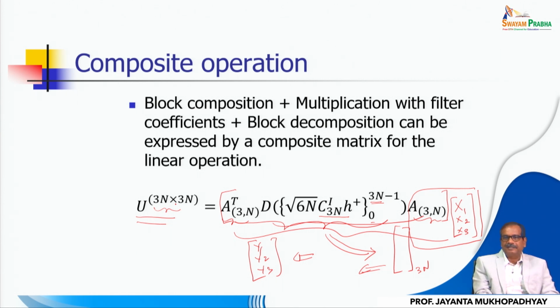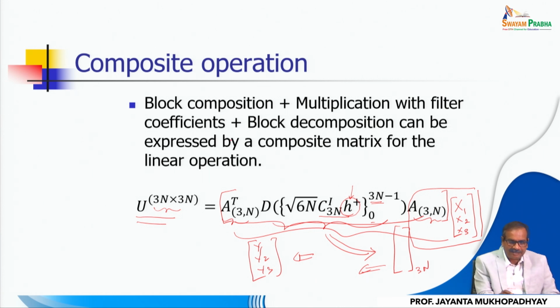So, now you can see that this becomes my new transformation matrix for filtering, where the filter response is also a parameter. Depending upon the filter response, I can always derive this transformation matrix, and if I multiply it with the block DCTs of a column vector, then I will get the filtered column vectors.